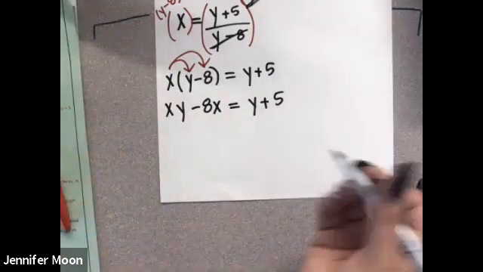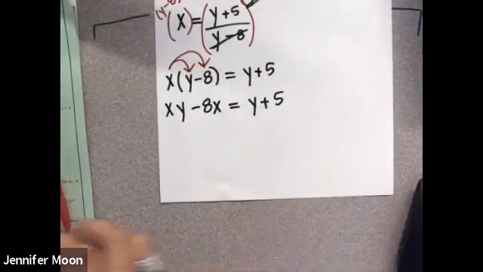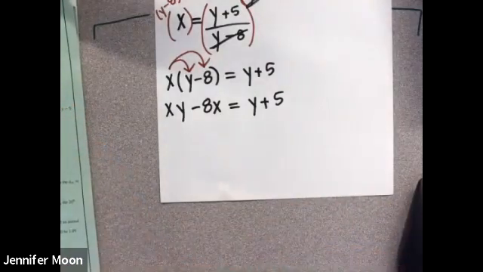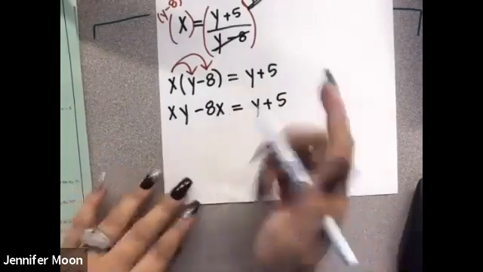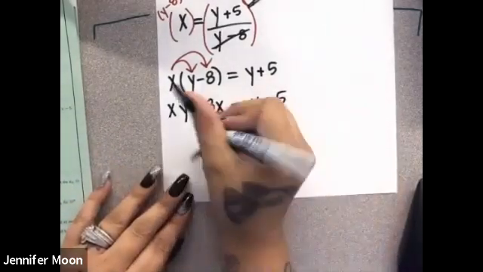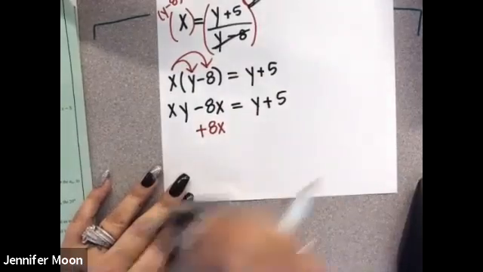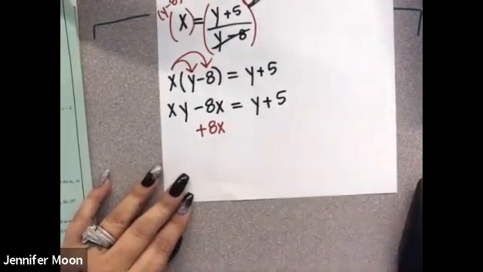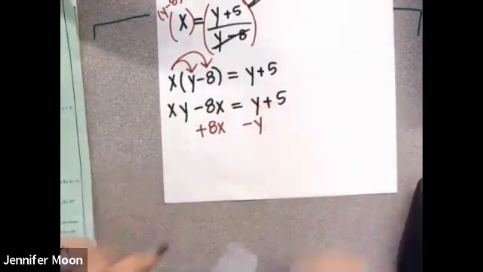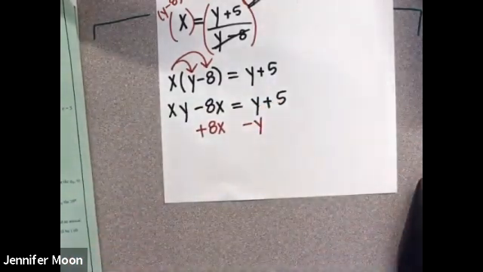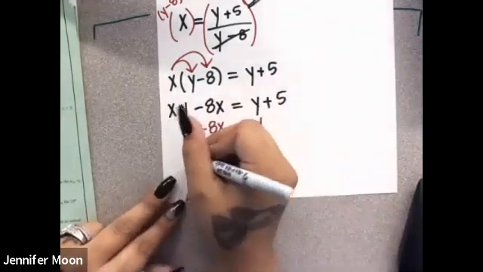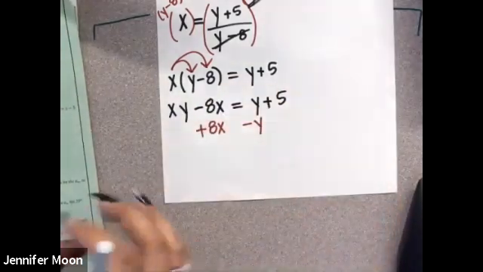Now, what I mean by that is, I'm going to do two steps in one here, y'all. I need this negative 8x to move because it has an x. And I need this y to move because I need my y's together. So let me do this to really show you.